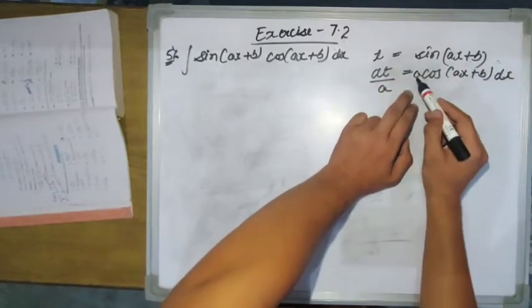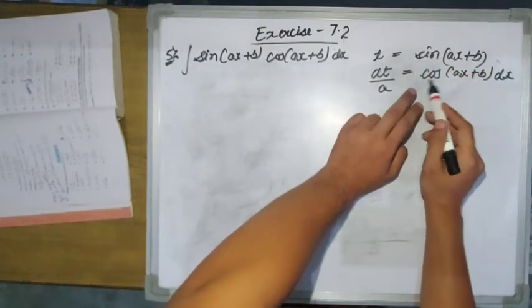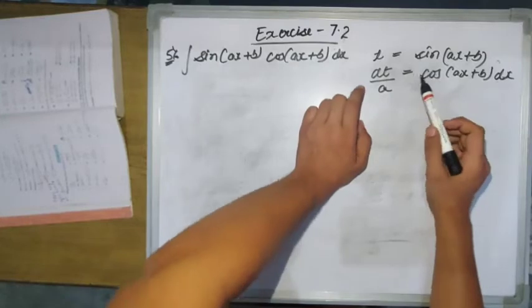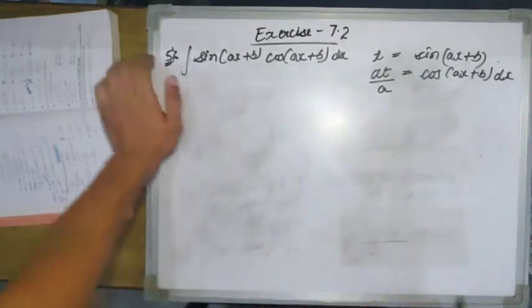I have taken this a to the left hand side into the denominator because it was in multiplication. Transferring a from the right hand side to the left hand side, it came into the denominator.